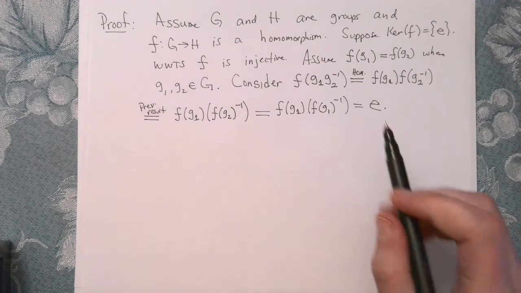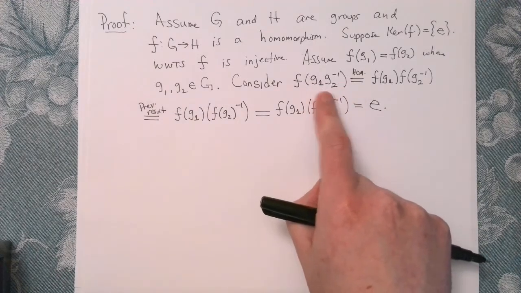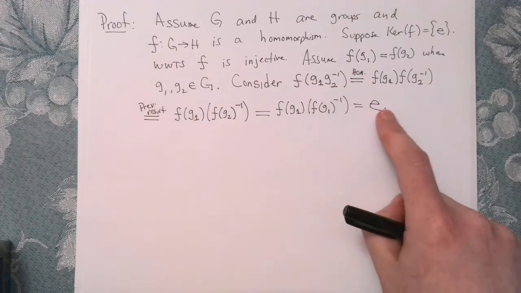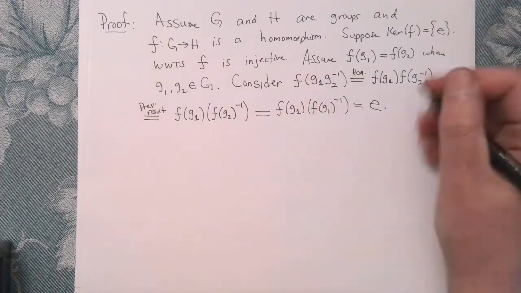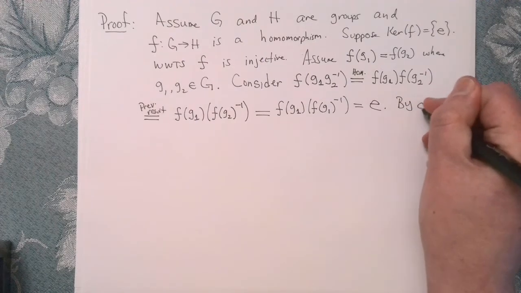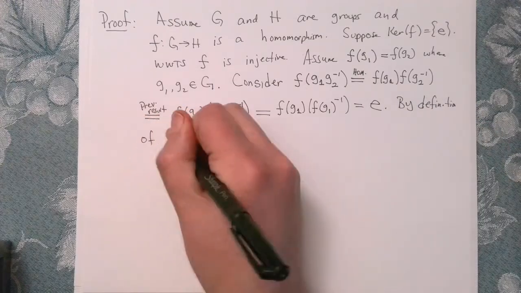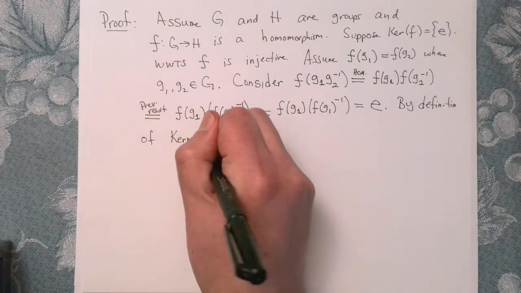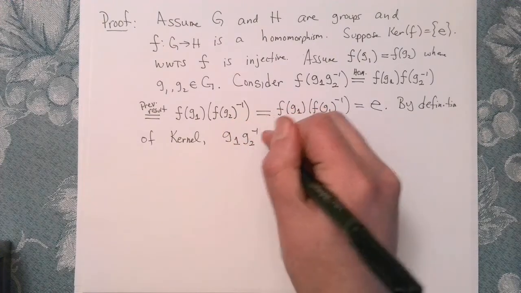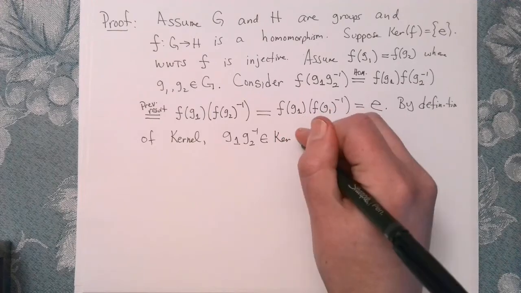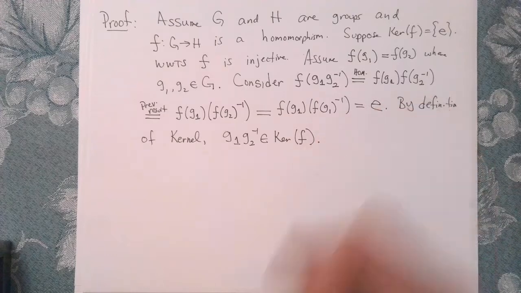But let's note something. So what does that tell me? That means that this quantity is in the kernel, right? That's the important part here. Since the image of this was equal to the identity element, that guarantees just by definition of kernel that this is an element in the kernel. So by definition of kernel, G1 G2 inverse is in the kernel of F. But think about that.